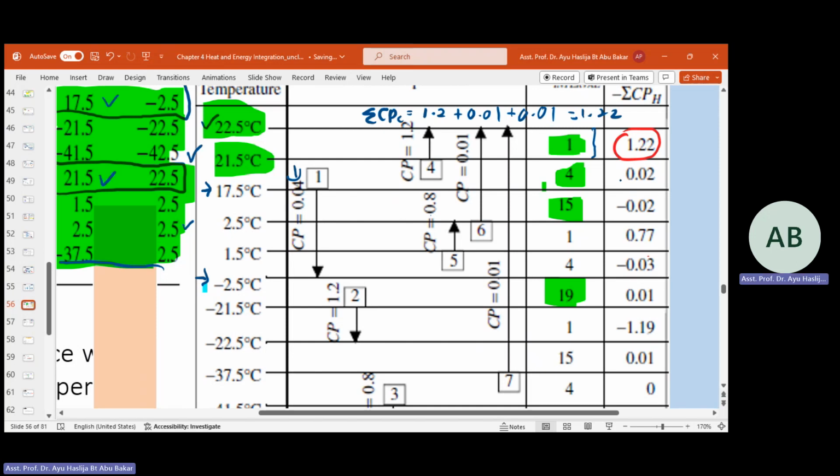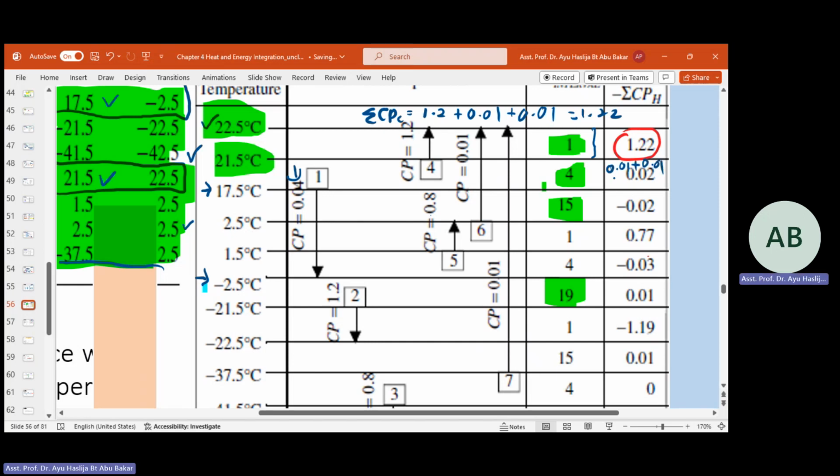Okay. Second interval, we have two cold streams, stream 6 and stream 7. So here is 0.01 plus 0.01, stream 6 and stream 7.